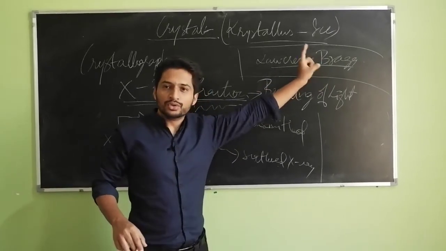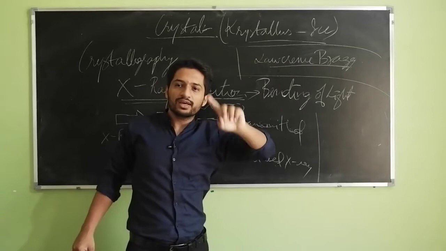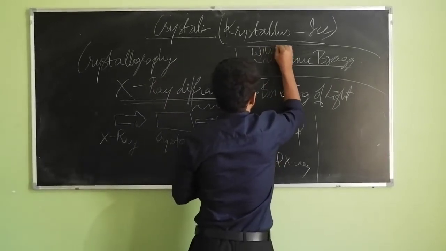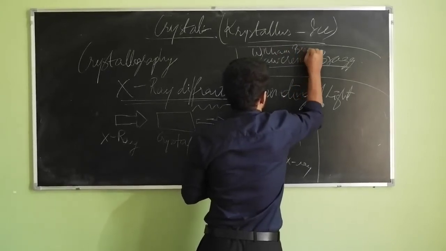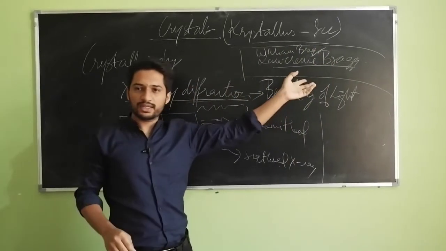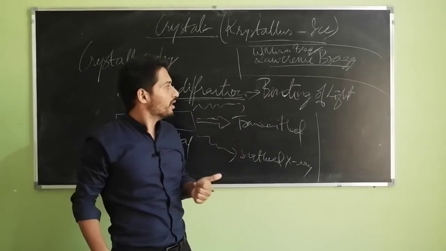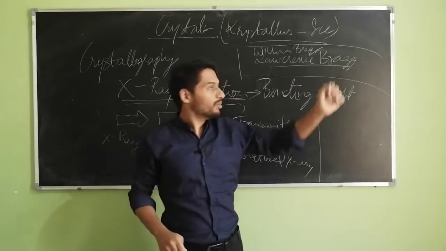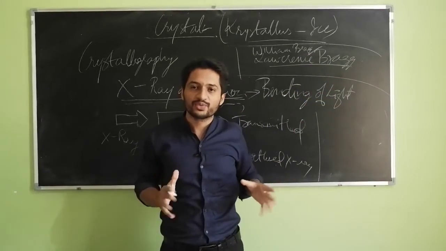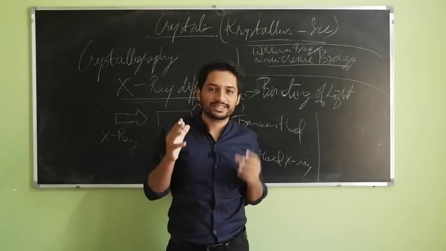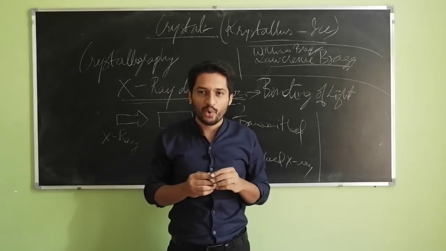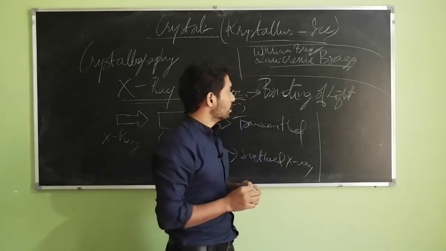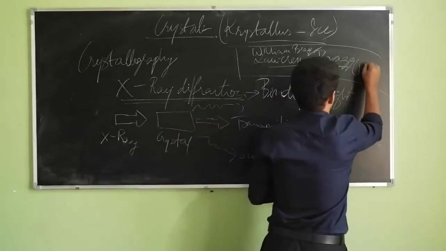Lawrence Bragg, along with his father, Mr. William Bragg, got Nobel Prize in physics for X-ray diffraction technique. And the best part is he was only 25 years when he got the Nobel Prize. That's an amazing thing to achieve. At 25 years, he's the youngest physicist to get the Nobel Prize. So he got it in 1915 along with his father.